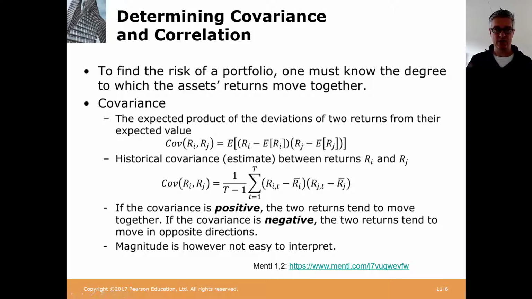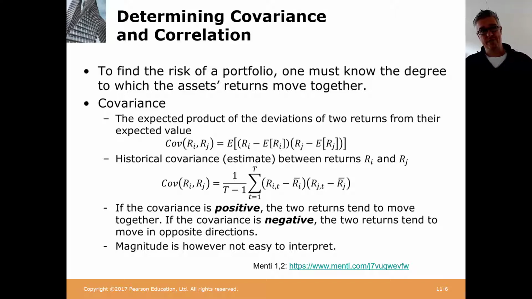Because we're using actual data to estimate the mean, we're taking away one degree of freedom, which means we divide by T minus 1 rather than by T. If you then have positive covariance, that means they're moving together.